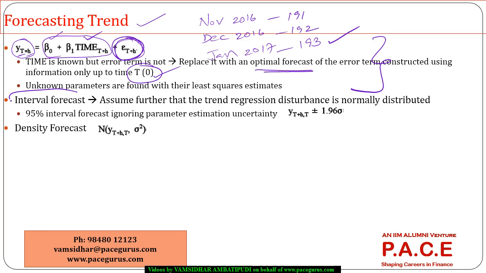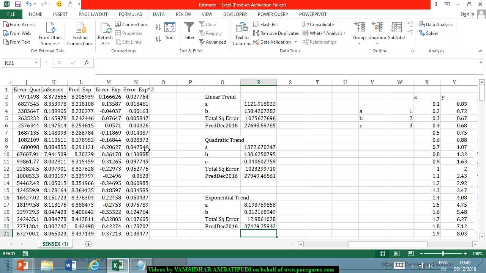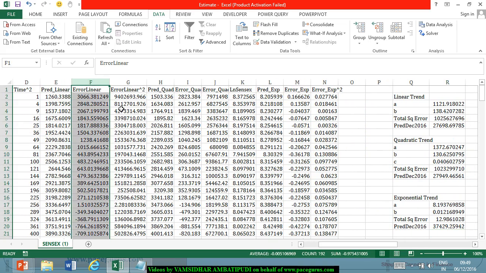Now I want to go with an interval forecast. For an interval forecast, I really need to know the typical error part. This makes an assumption that whatever the error part is, it is normally distributed. We have the error terms in all the cases: this is an error term, this is an error term, and this is an error term.